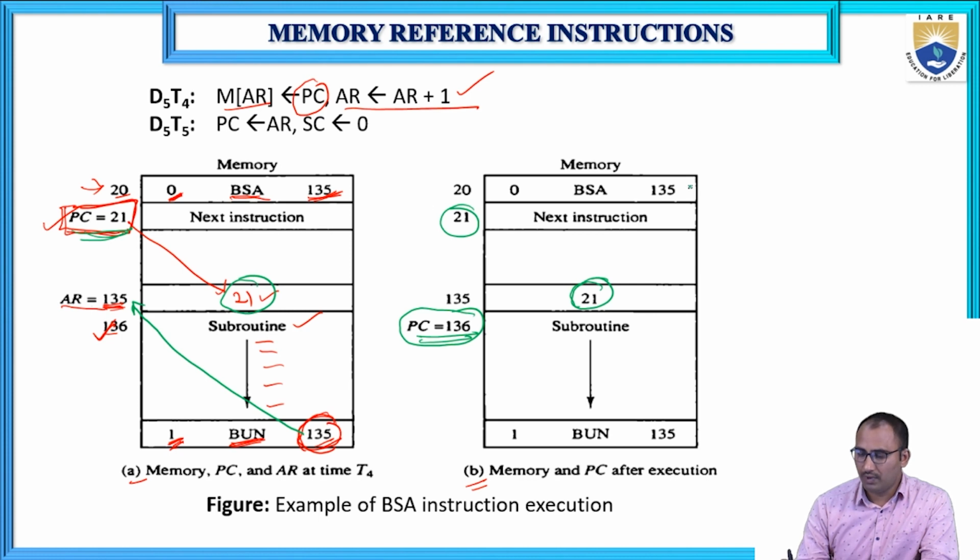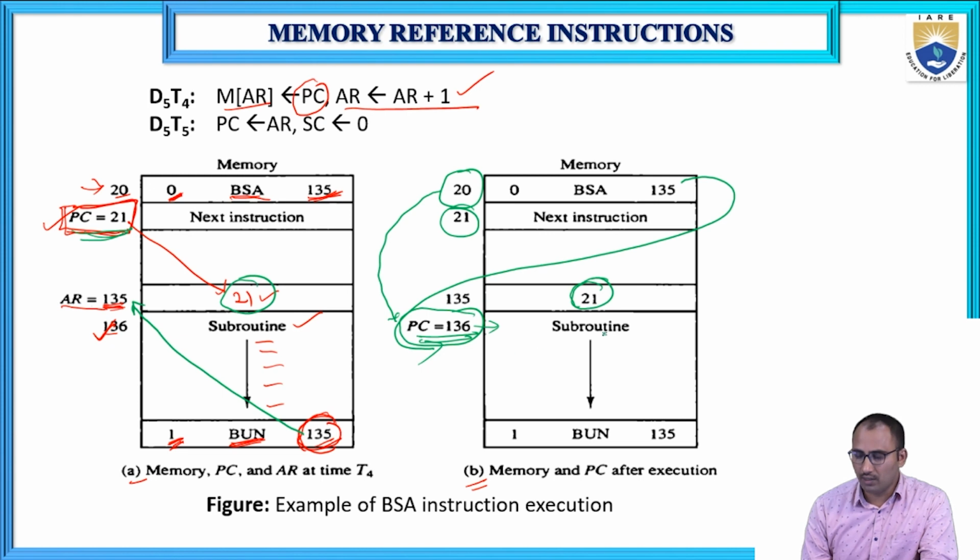From this instruction, the program control is at 20. But now from 20, it is transferred to 136. In 136 location, we have a subroutine, and after executing that, again it goes back to the 21st memory location. Okay, so using this BSA instruction.